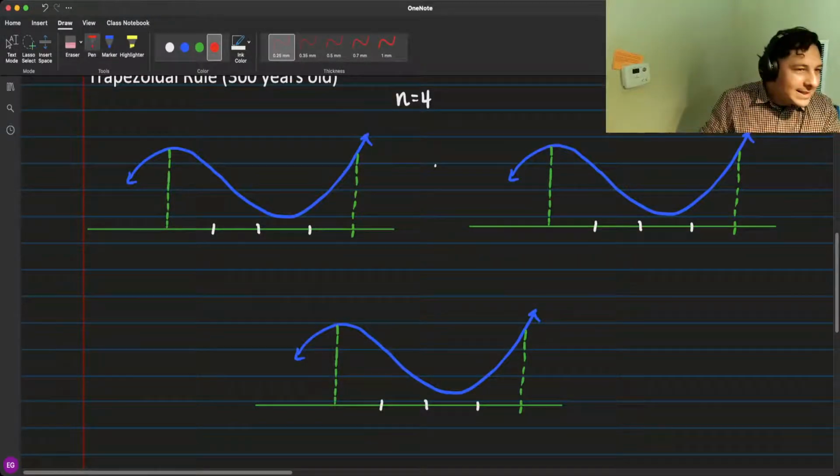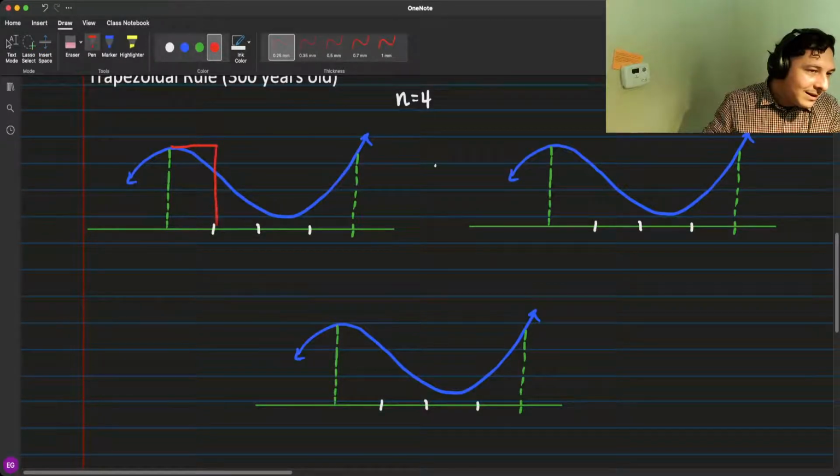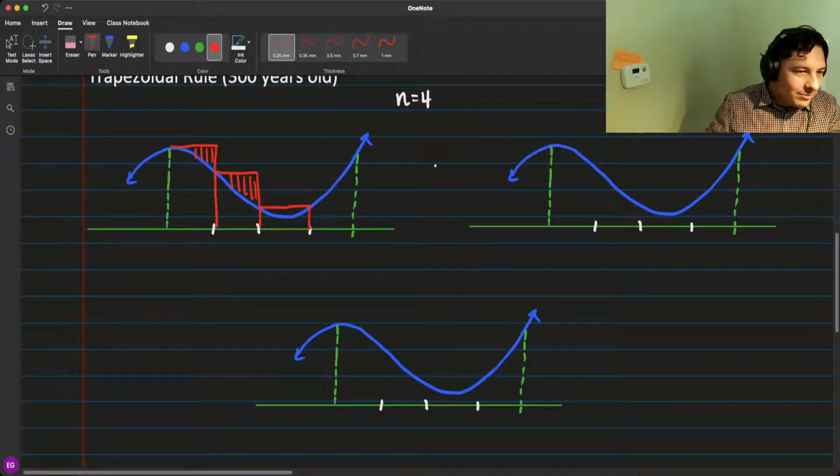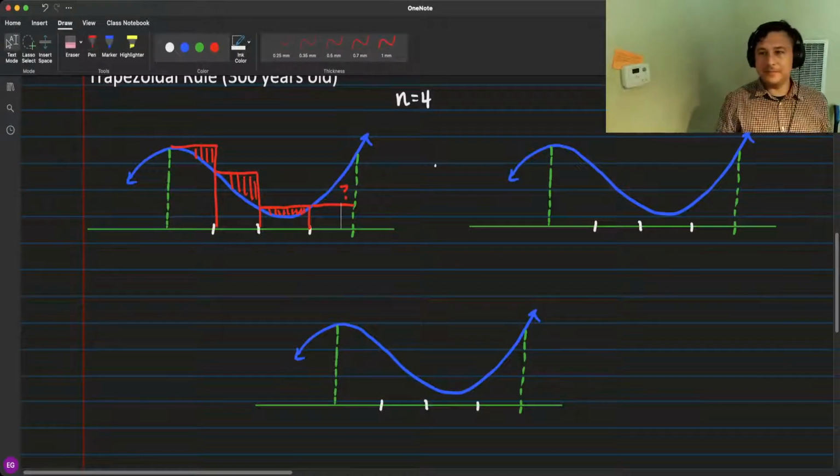So, let's say you go with left endpoint. Too big. Left endpoint. Too big. Left endpoint. Too big. Left endpoint. Too small.